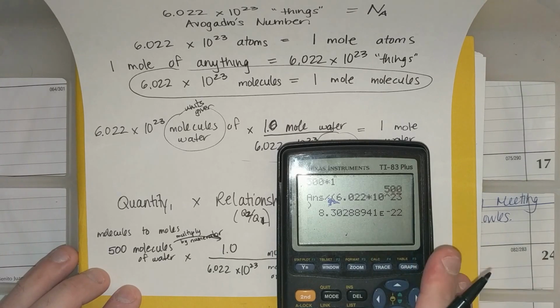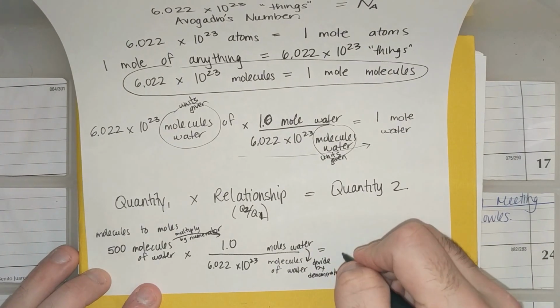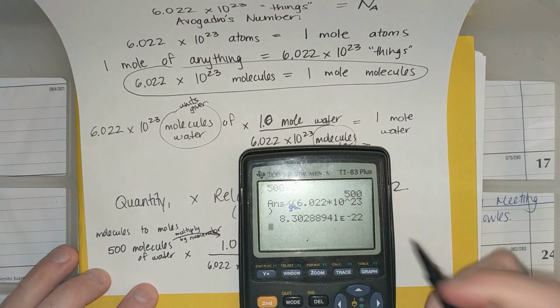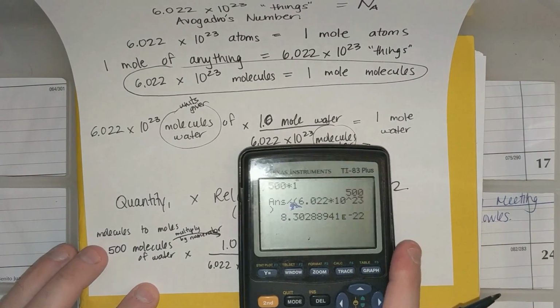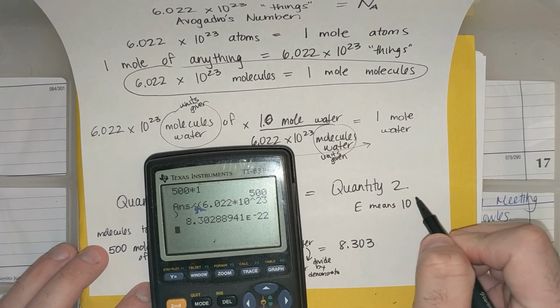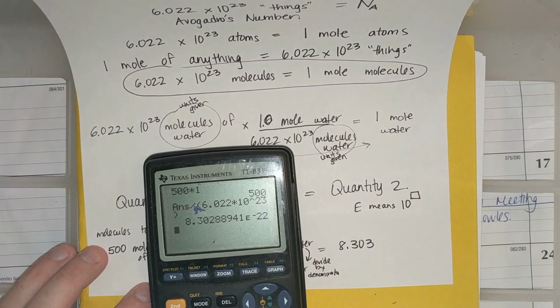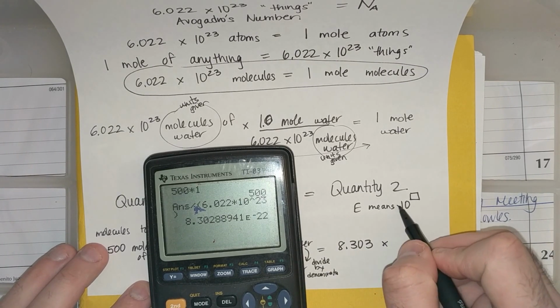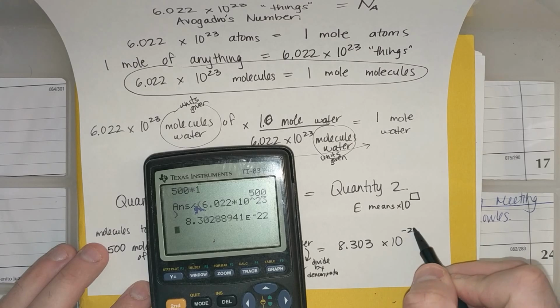So 8.303. Don't forget E means times 10 to the whatever exponent. So times 10 raised to the minus 22nd.